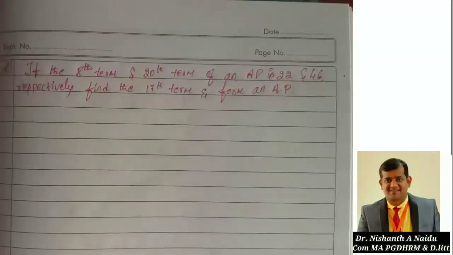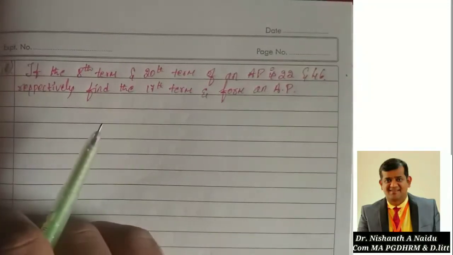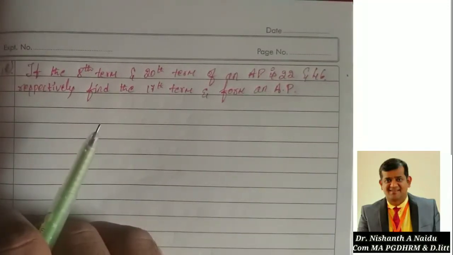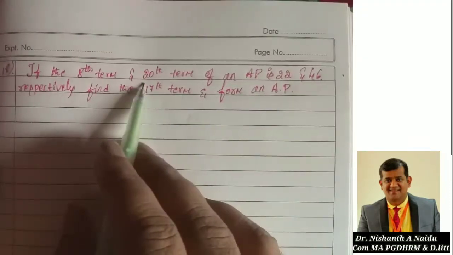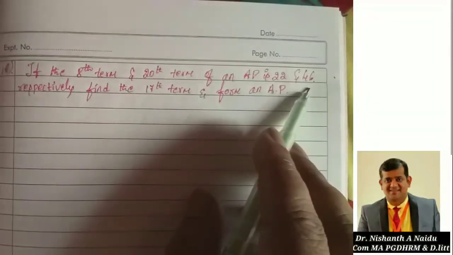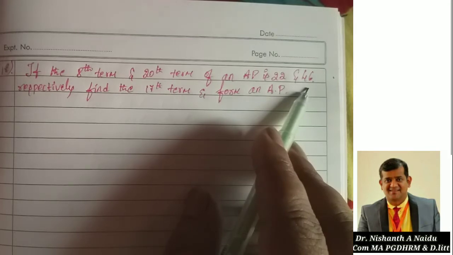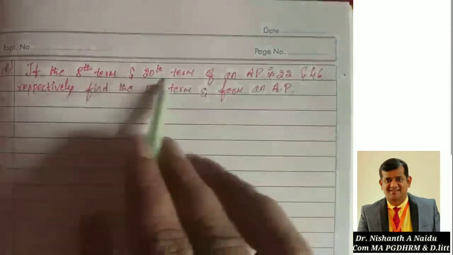So now the solution we have to do is, to apply the formula, first we have to look into what they have given. 8th term, 20th term they have given, 22 and 46, but they have not given the complete information here. Clear? So the common difference D we don't know.